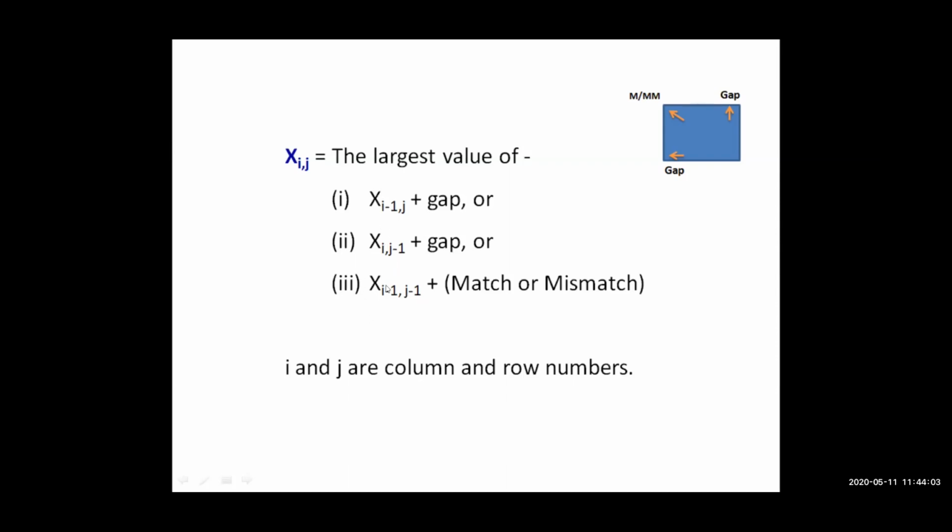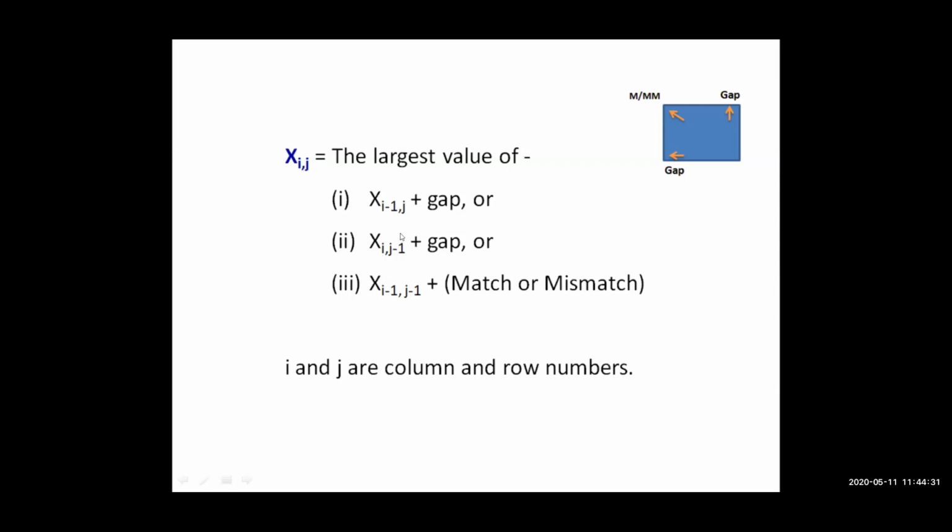So what are the three values? Number one, X i minus 1, j. That means the value of the cell in the previous column, i minus 1, and in the jth row, plus gap. Then similarly, the second value, X i, j minus 1.